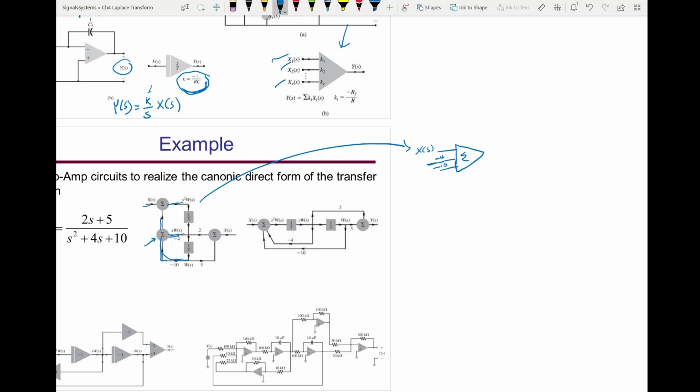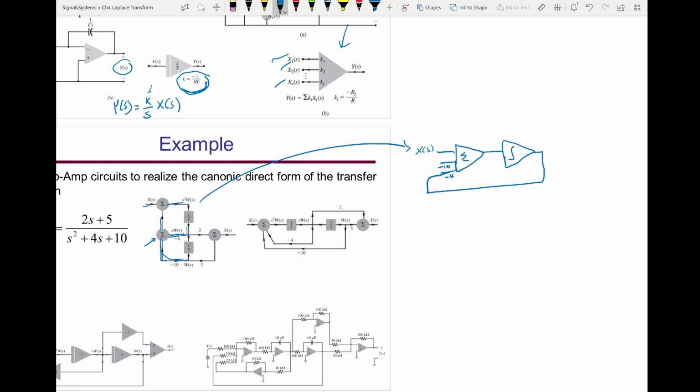And then the output of this summing amplifier will go to an integrator, and the output of the integrator is the -4. So let me write this here, change the order. This is the -4, so it will be connected here.